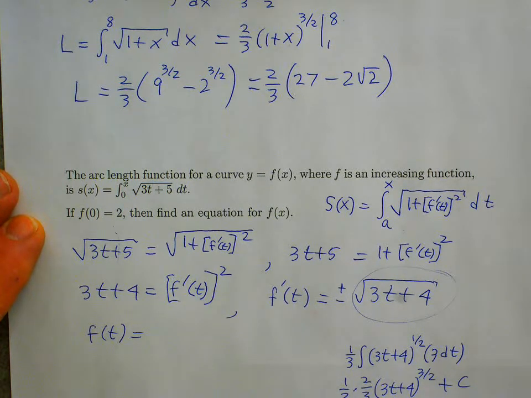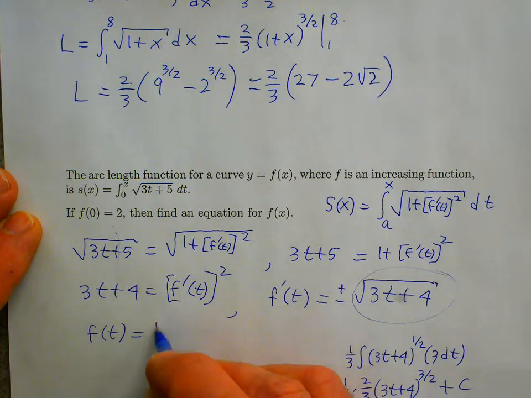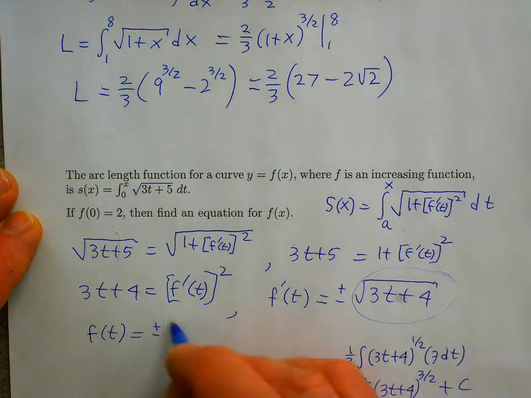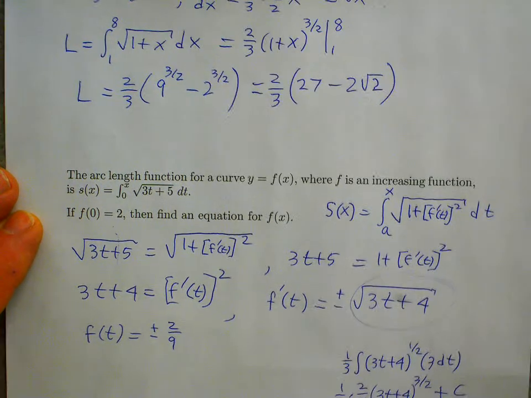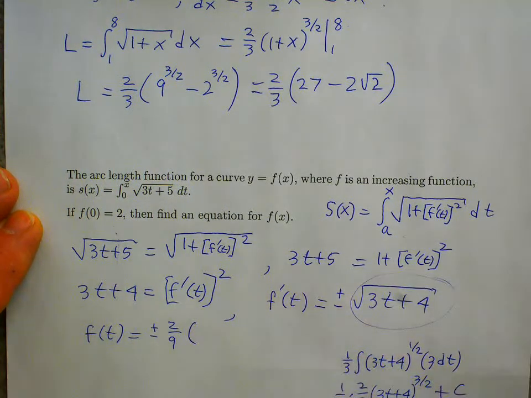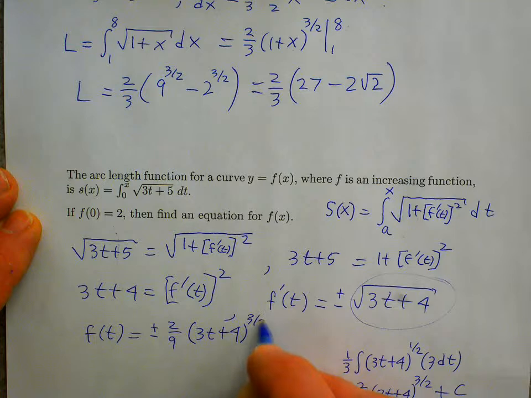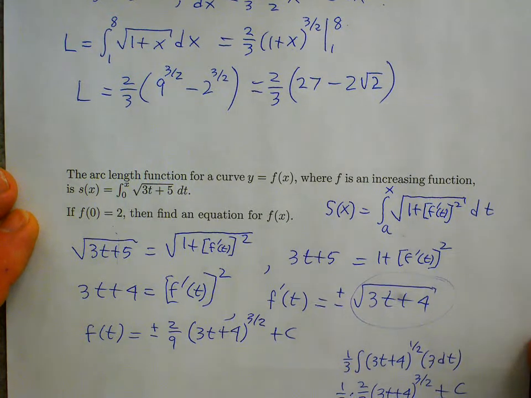So we should include a plus or minus for now. Plus or minus 2/9 times 3t plus 4 to the 3/2 plus a constant.